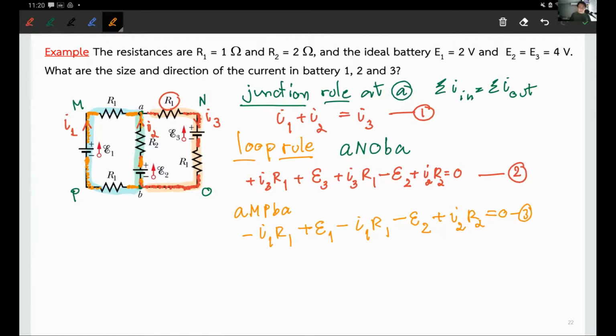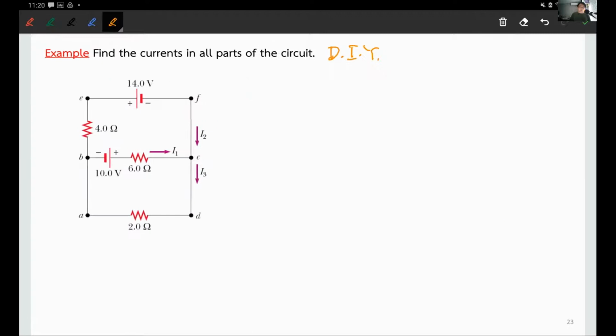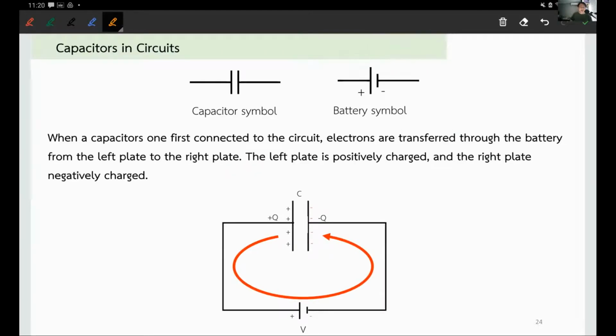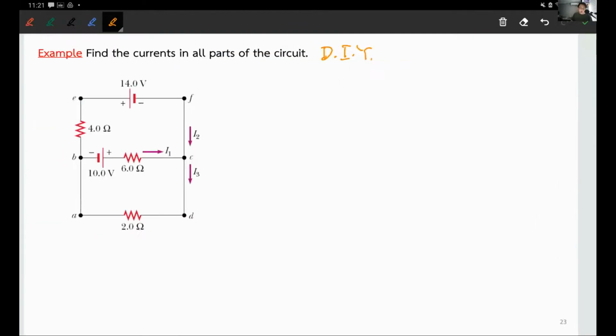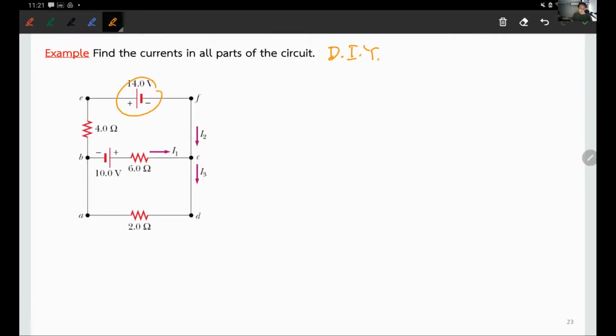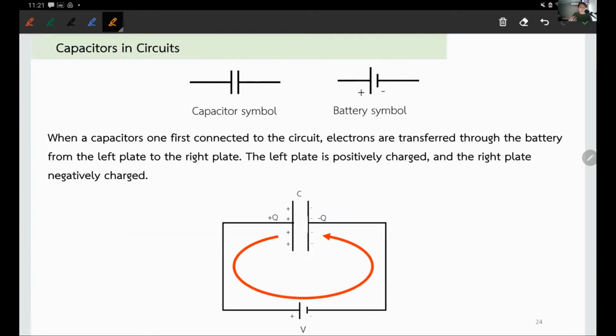All right. Okay, cool. So now the last portion of this, all right? So it's just what happens if I add another element to the circuits, which is the capacitor. What you have seen so far, you only have either the battery or the resistor. What if you have the capacitor in it?